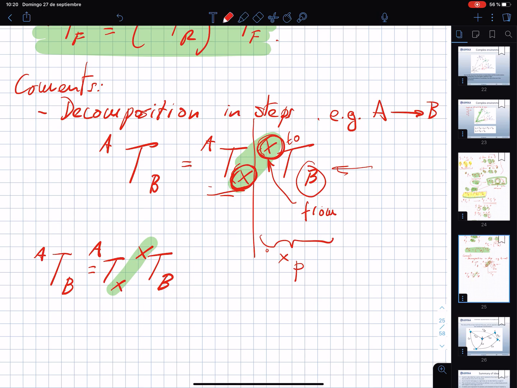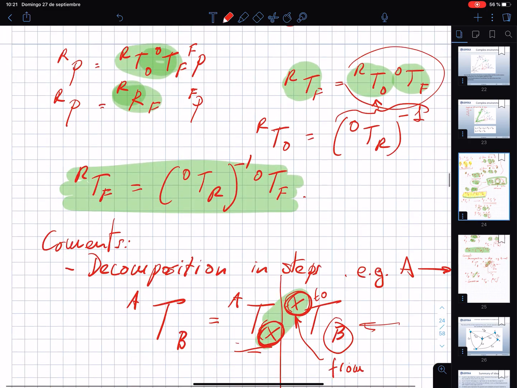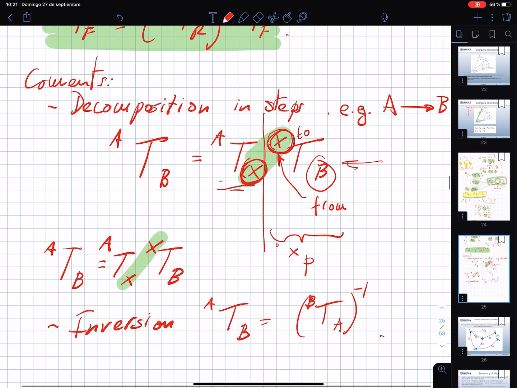And the second thing is inversion. We have used inversion. That is, if we have a couple of coordinate frames, the transformation from B to A is always the inverse of the transformation from A to B. So that's the end of the exercise, and this is the final discussion.